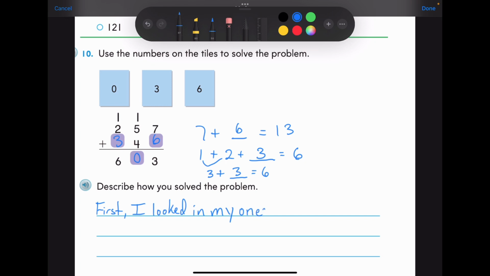I looked in my ones and knew the unknown number was 6 because, and I'm going to just say the explanation that I used, 7 plus 6 equals 13.